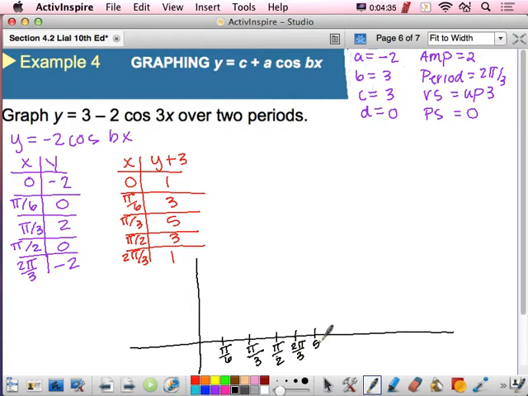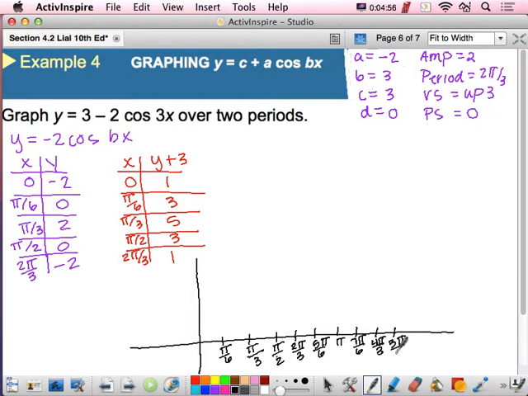This would be 5 pi over 6. 6 pi over 6 will take me to pi. 7 pi over 6. 8 pi over 6 is 4 pi over 3. 9 pi over 6 is 3 pi over 2.